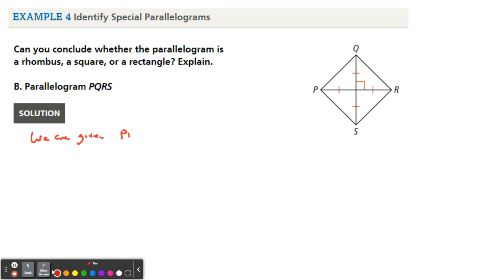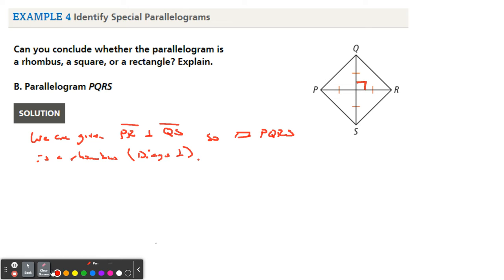We are given that segment PR is perpendicular to QS. So already I know that parallelogram PQRS is a rhombus, because the diagonals are perpendicular, and that is noted by the right angle.